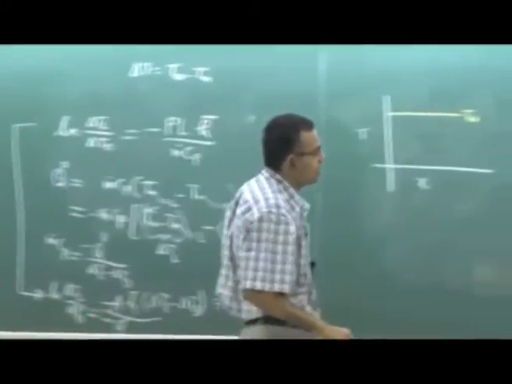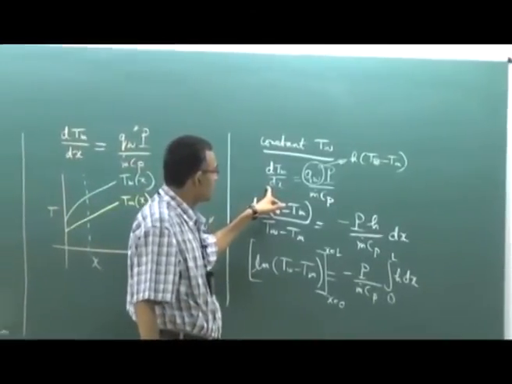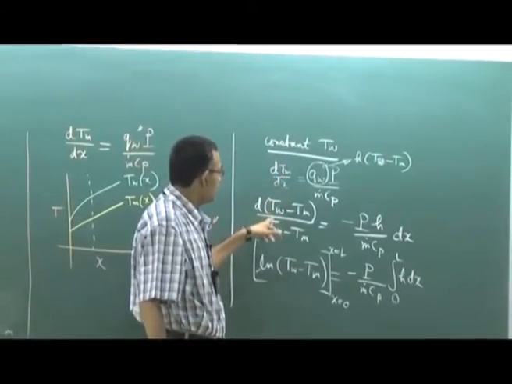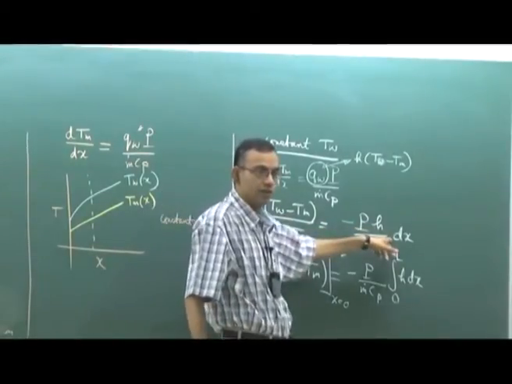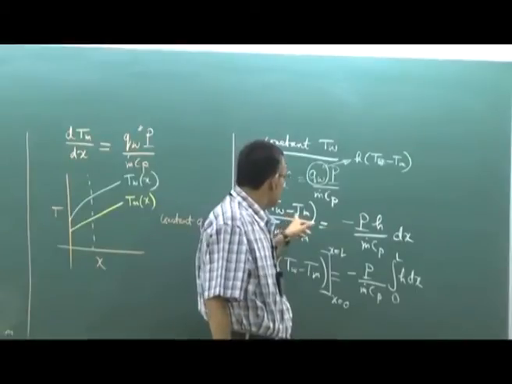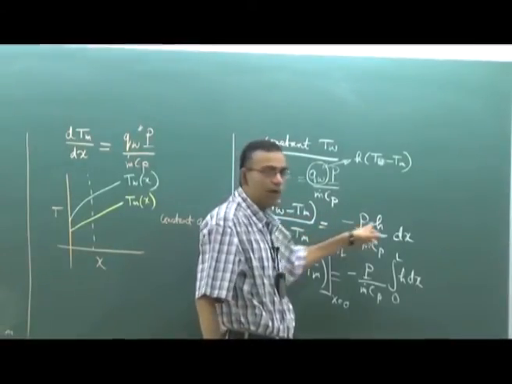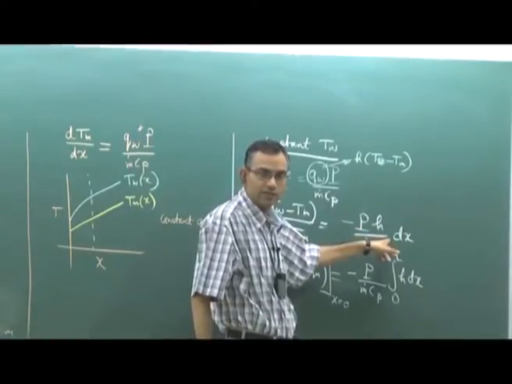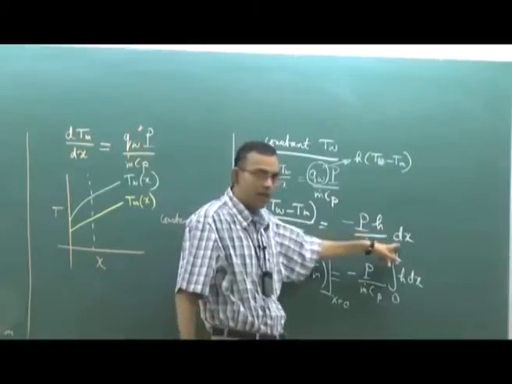Look at this equation, d of T wall minus Tm by T wall minus Tm is this. So that means this T wall minus Tm varies with e to the power minus x, because log of this varies with minus x.